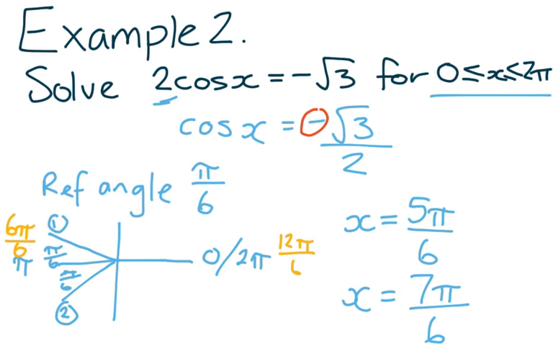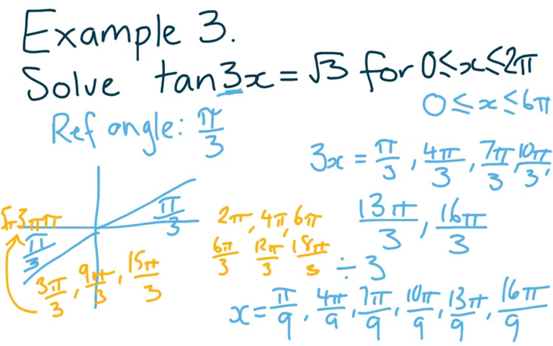And then lastly, if there is a number in front of the x, in this case we triple the domain, or we adjust the domain for that value, and then we work out all of our solutions. So I'll just put a box around here. The final solution here is those ones in the red.